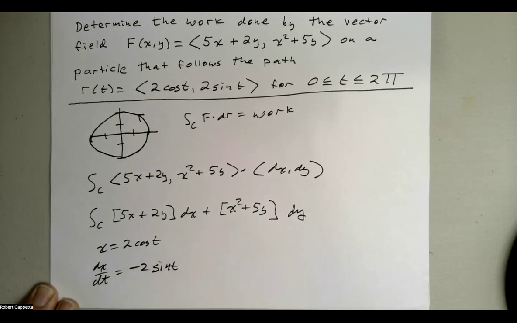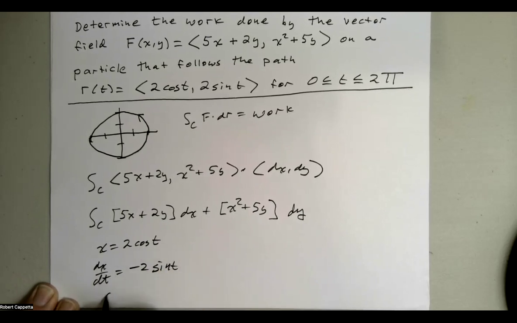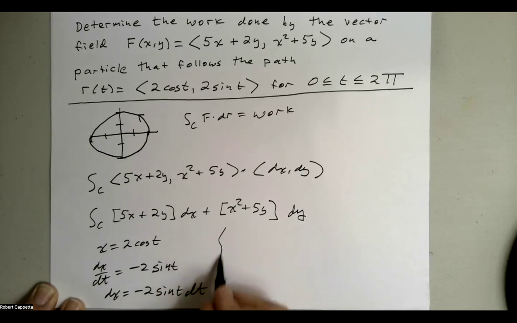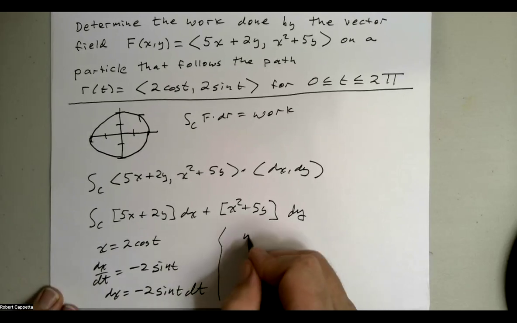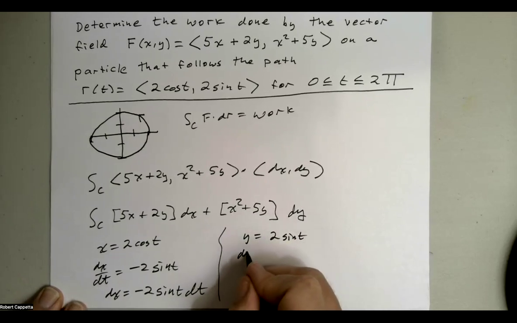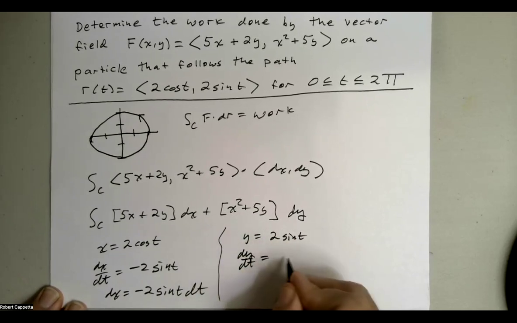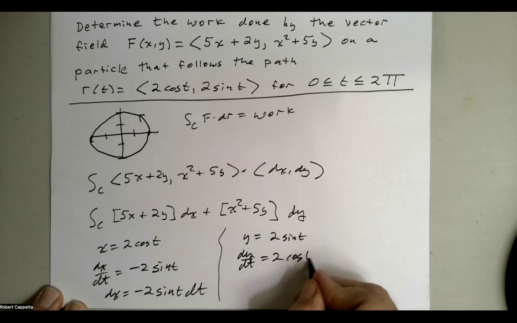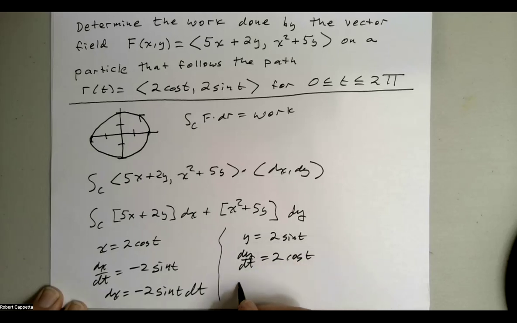So then dx would be negative 2 sin t dt. Similarly, y is 2 sin t, so dy/dt is 2 cos t. So dy then would be 2 cos t dt.